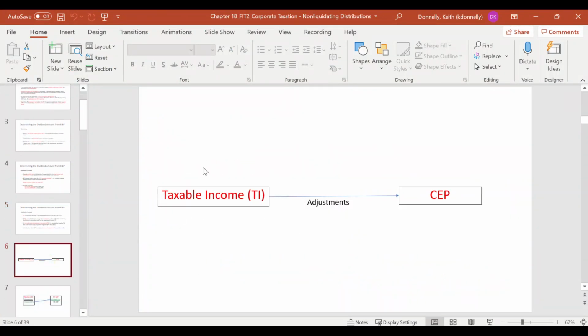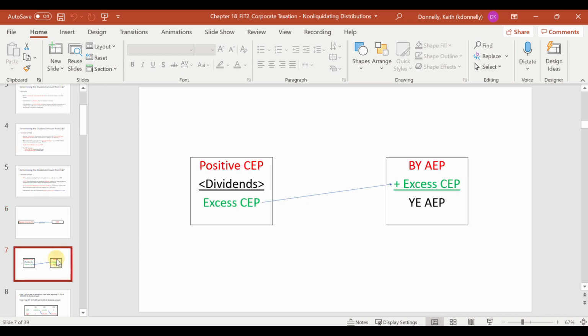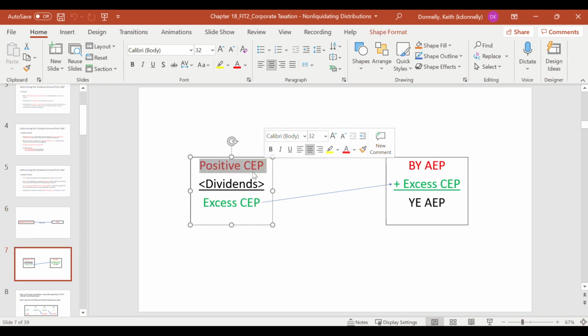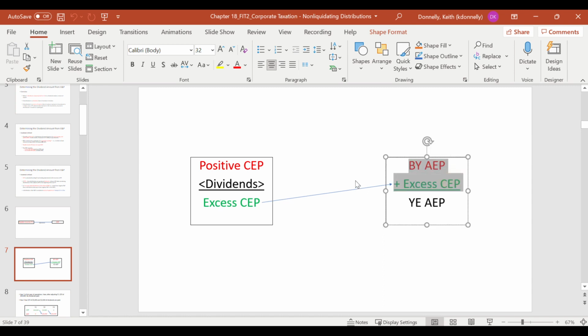So this is just showing us that going from taxable income, we make adjustments to arrive at current earnings and profits. And then assuming you have positive current earnings and profits, remember we said dividends come out of those, any excess you have left in the current earnings and profits is going to be added to the accumulated earnings and profits to give you your ending balance.